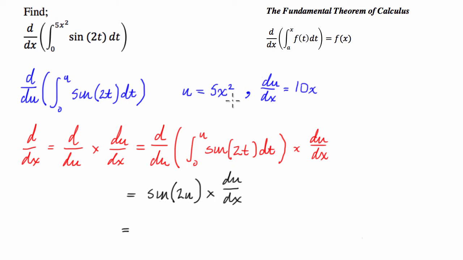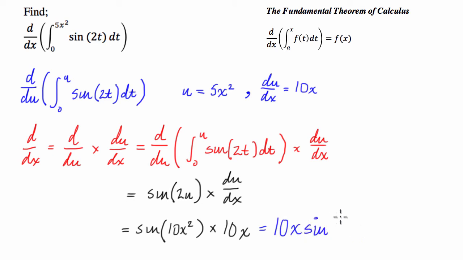We know that u is equal to 5x squared, so this is going to be sine of 2 times 5x squared, or 10x squared, times du dx, which we figured out as well is 10x. Now this, guys, can be further simplified to make it nice and easy to read to 10x sine of 10x squared.